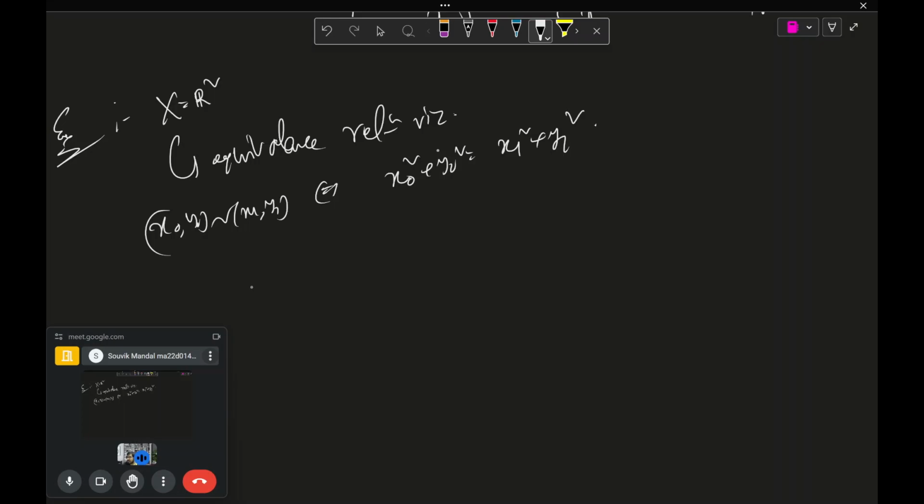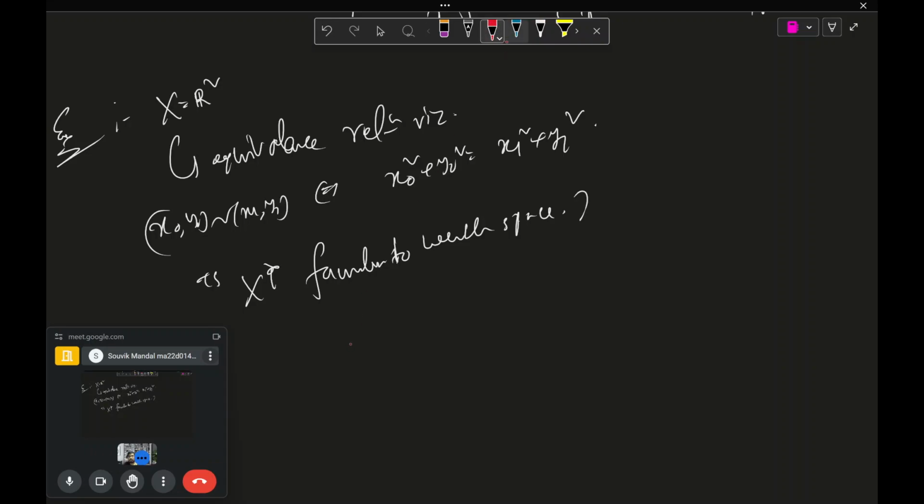Now the question is: what is X star, the quotient space, familiar to?